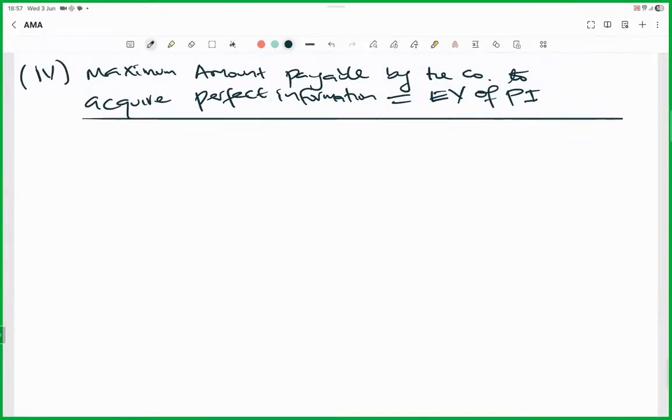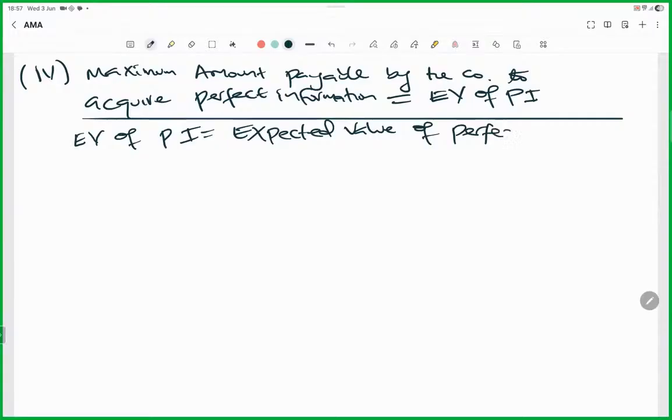Very, very important. I can come and write this in full. EVPI stands for expected value of perfect information.